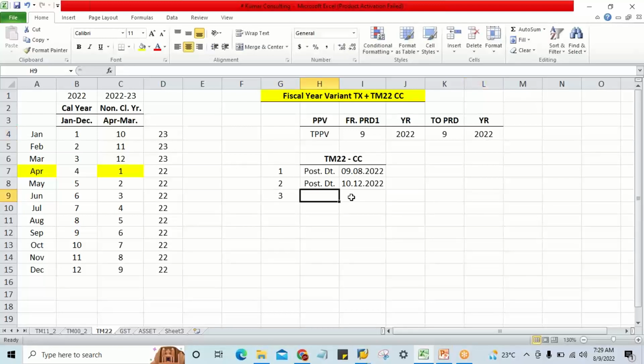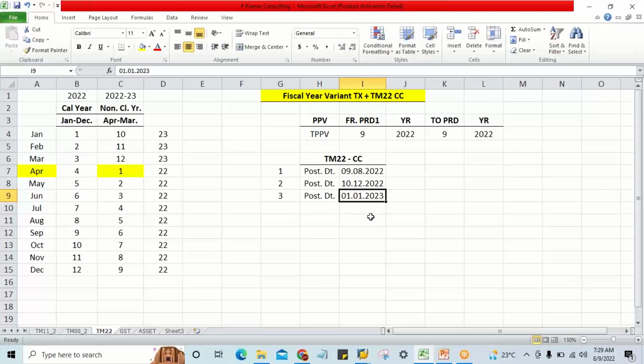Third example. Now let's suppose this transaction is going to be posted on which date? Let's suppose 15th of January, or let's suppose 1st of January itself. As per the calendar year, when you post a transaction on 1st of January onwards, so 1st of January 2023.